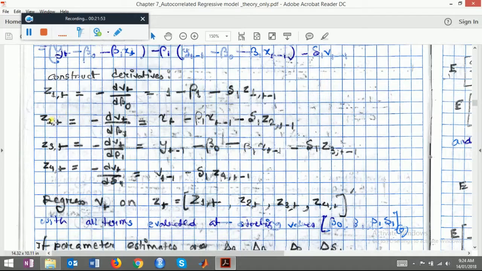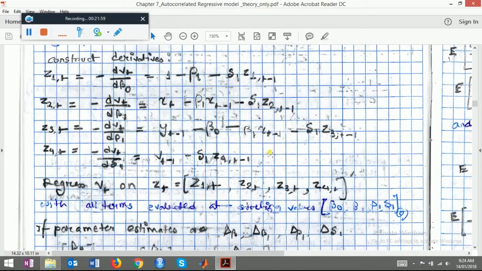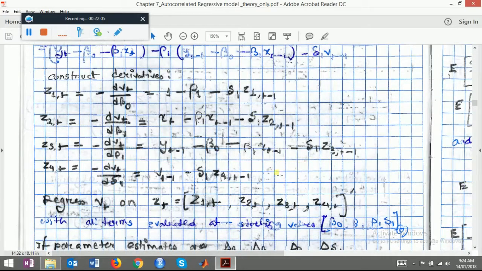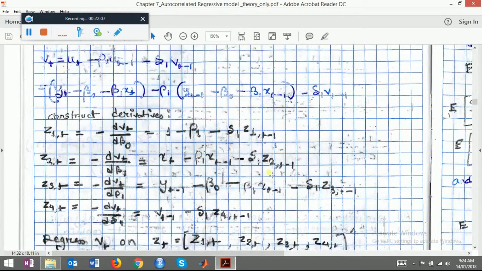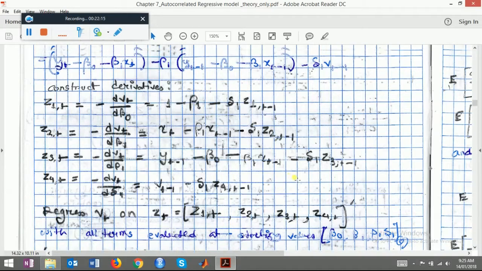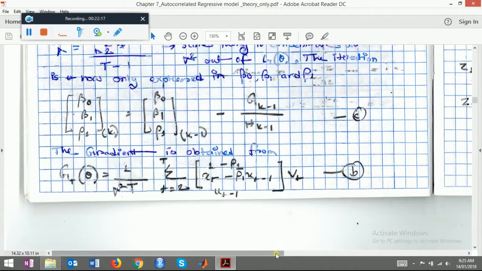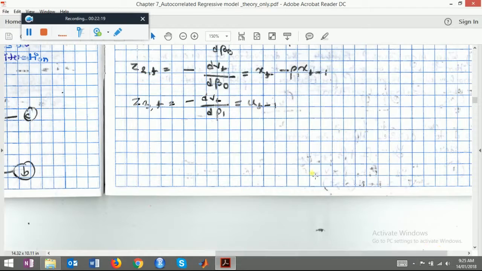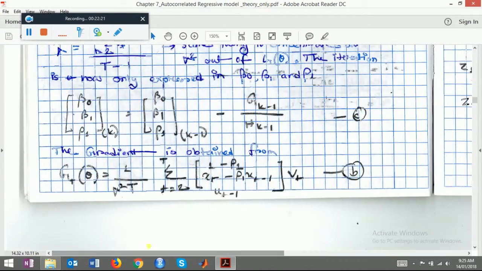So we have a function called rexerror in MATLAB that automatically does the recursions. Then this is yt minus 1 minus beta naught minus beta 1 xt minus 1, which was the element of rho 1. But let's have a look one more time. Ut minus 1 was the element of rho 1, right?